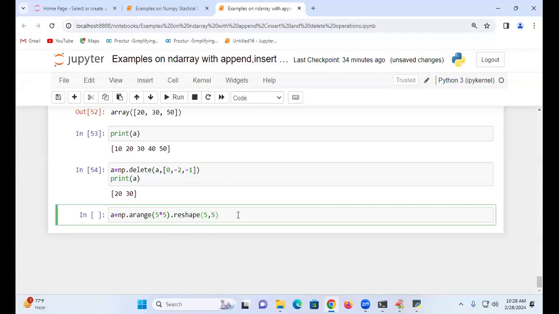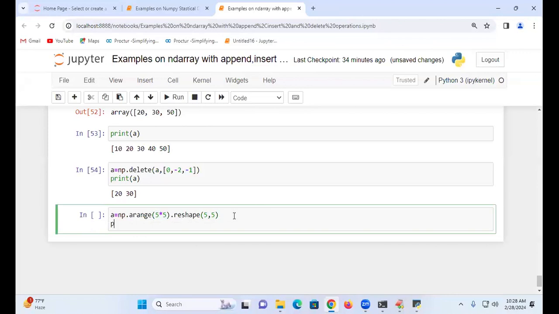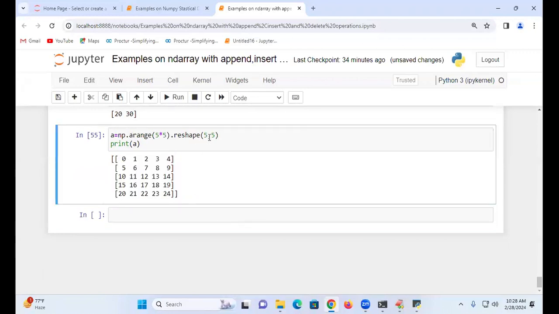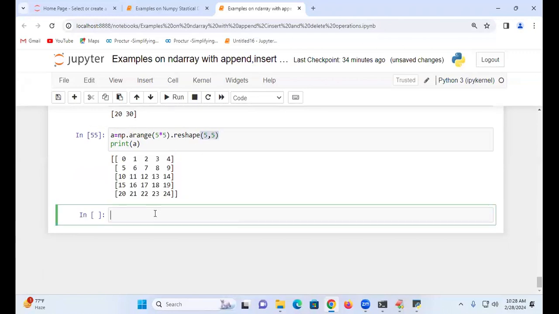What is this 5 comma 5? 0 to 24 is 25 elements, 5 into 5. This is my matrix: 0 to 24 reshaped into 5 rows and 5 columns.